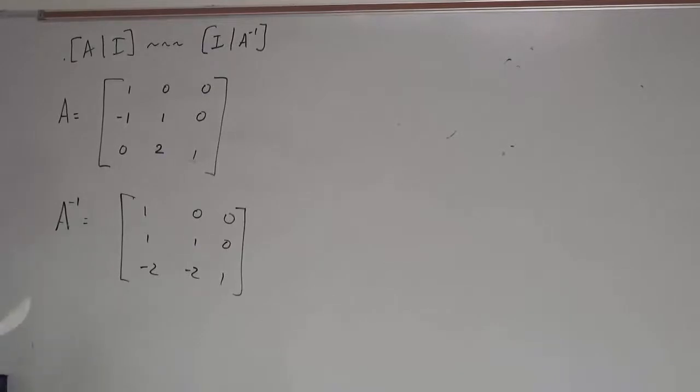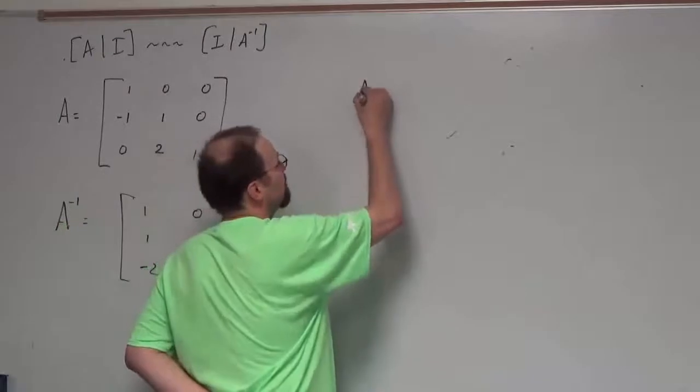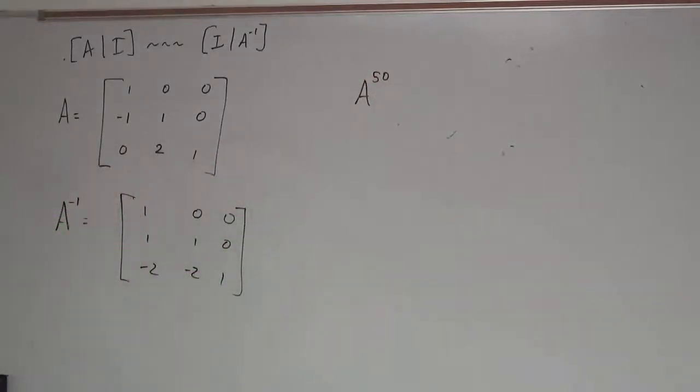All right. So now we're going to compute A to the power 50. Now, if this were a diagonal matrix, right, then this would be easy, but it's not. So what are we going to do?